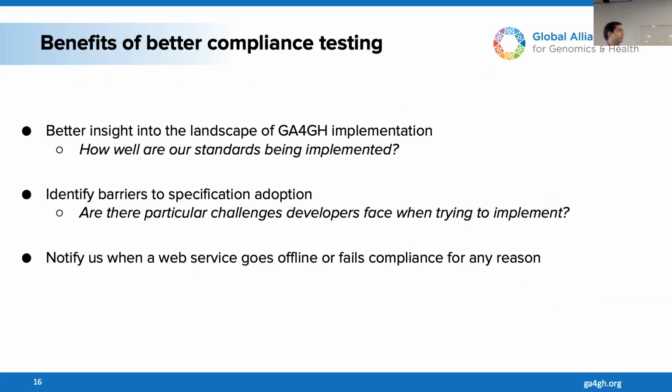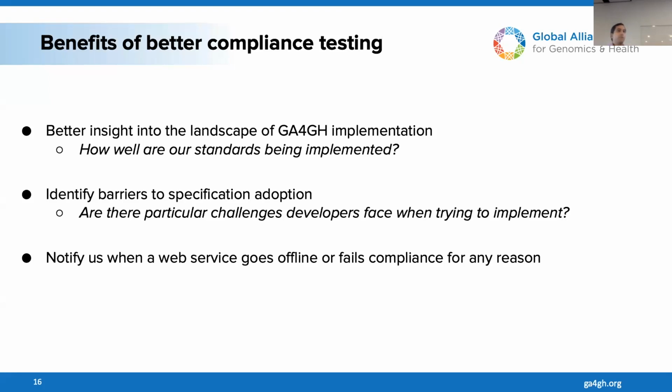Well, I guess it's pretty straightforward, but essentially we want to make sure that not only do we have the standards for people to adopt, but that we are seeing that they are being taken up and that they are up to meeting the specifications. If any implementation doesn't meet the specification, or many implementations don't meet some aspect of the specification, that might help us identify weaknesses or barriers to implementation.